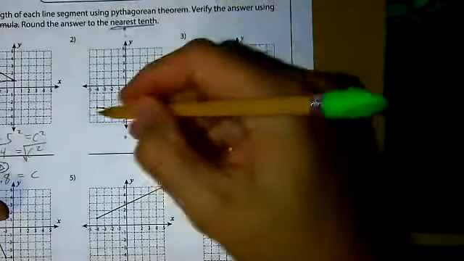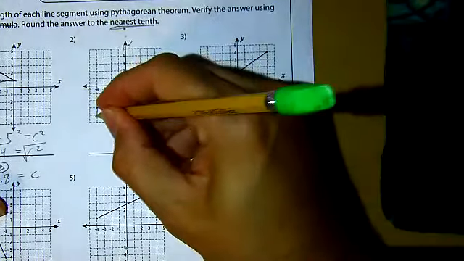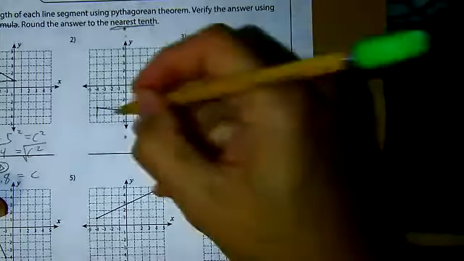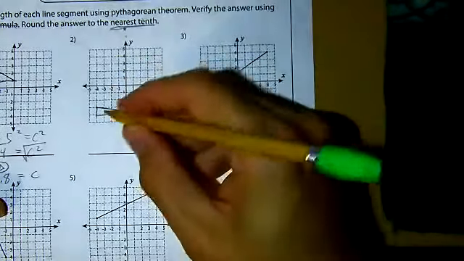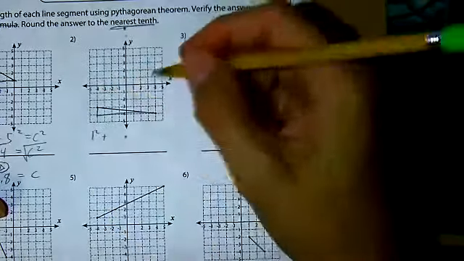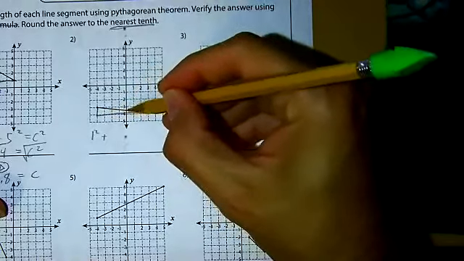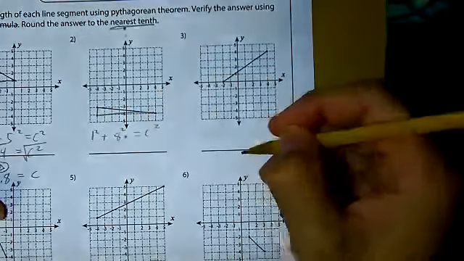Next problem. This one is only going up one block. So we're only going to go down one. So your first side is just one block. So 1 squared plus 1, 2, 3, 4, 5, 6, 7, 8 blocks. 8 squared equals c squared.